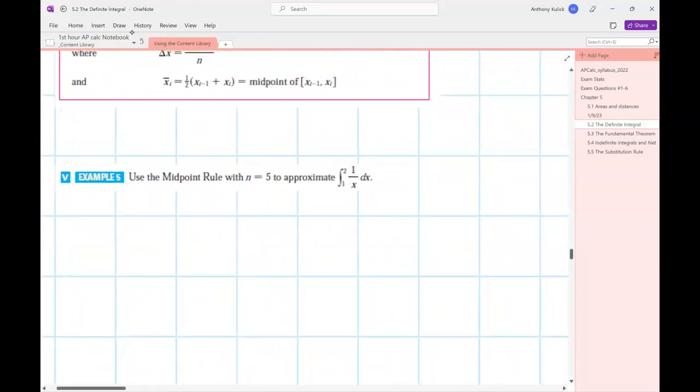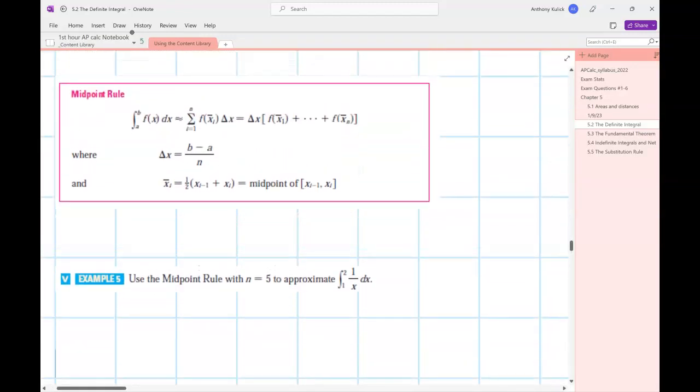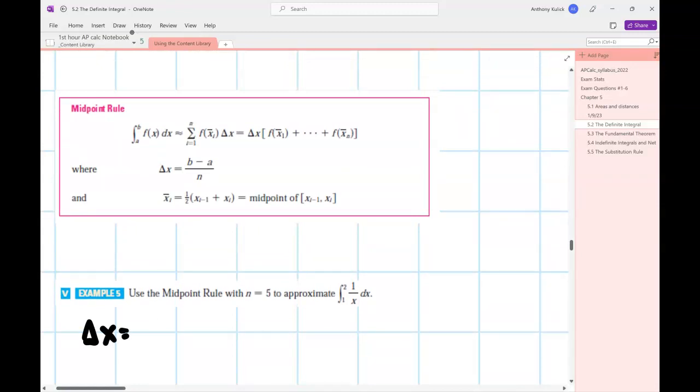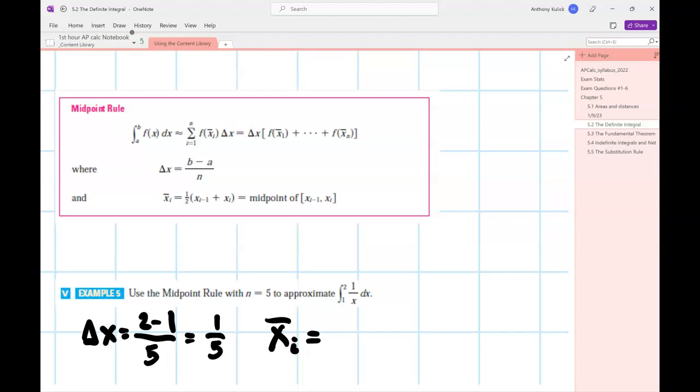Okay, so let's do this using the midpoint rule. So delta x is still the same old b minus a over n. And we have a new xi, we're calling xi bar to represent the midpoint on that interval.